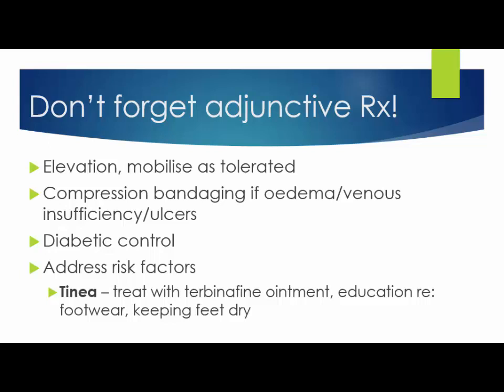And it's because when they get admitted, they actually elevate their legs and rest, as opposed to being at home and carrying on looking after their other family members and walking their dog. But addressing their diabetic control as well, addressing compression bandaging, identifying the risk factors that they may have had that might be modifiable, both helps treat their current cellulitis and helps reduce their chance of other episodes of cellulitis.